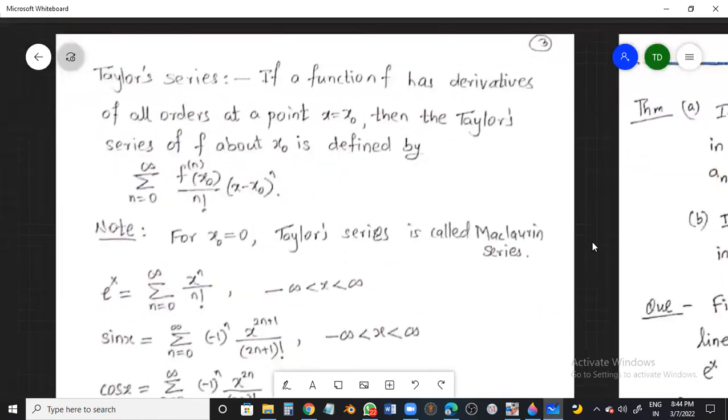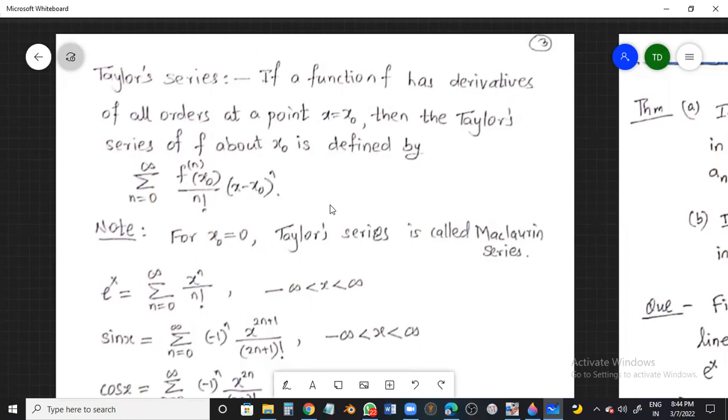So I would like to just recall the Taylor series. Taylor series you always write as what? f of x is equal to f of x naught plus f dash of x naught times x minus x naught raised to 1, plus f double dash at x naught upon 2 factorial into x minus x naught square, and so on.